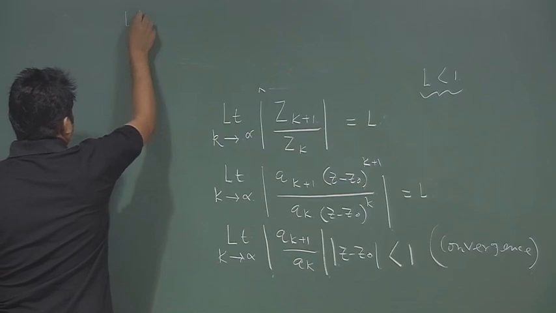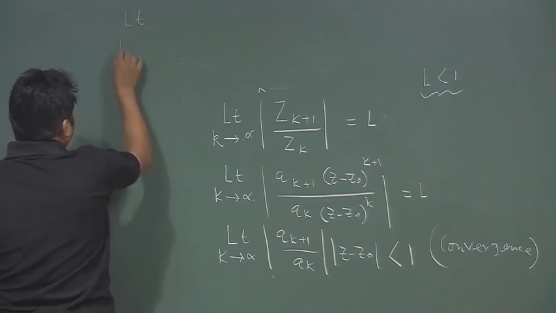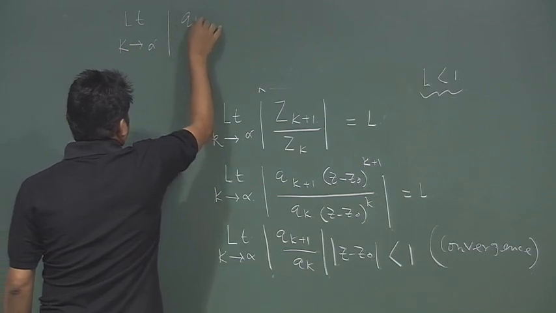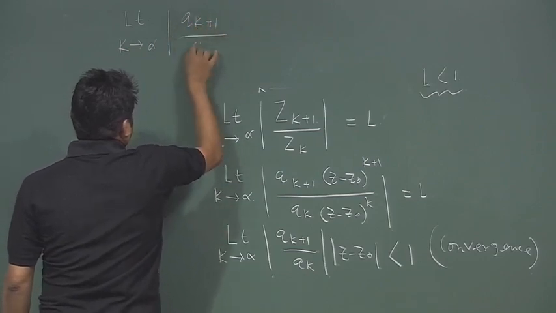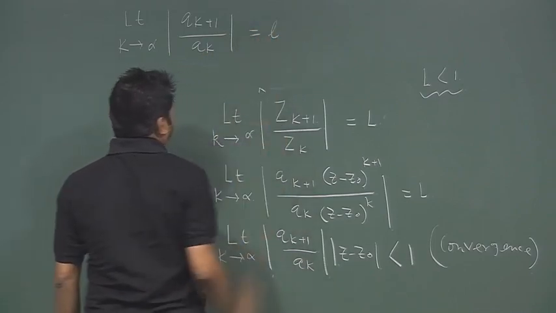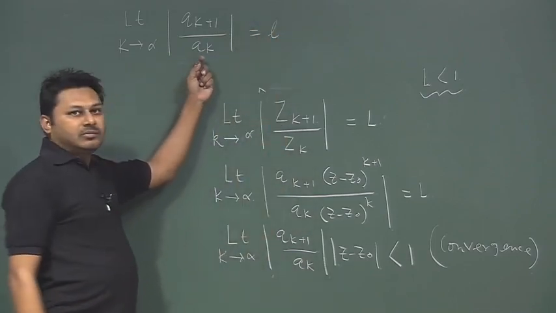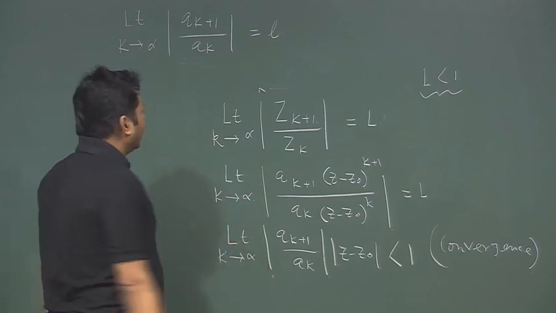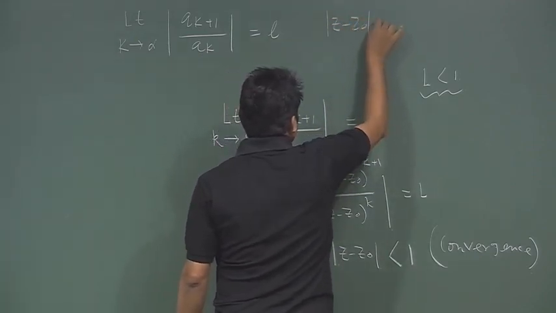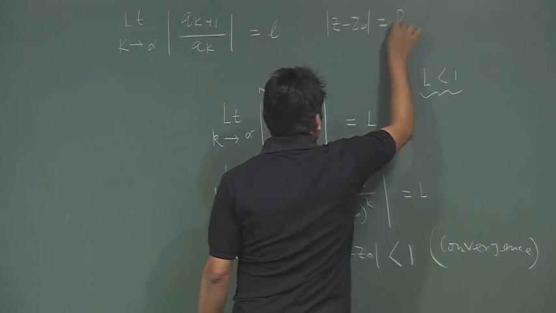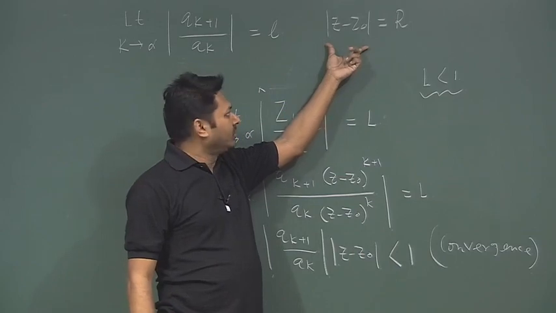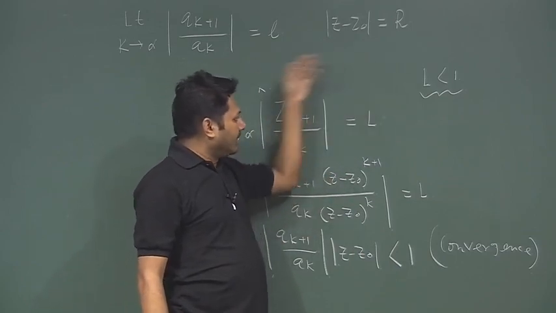So say the limit as k tends to infinity, I calculate this quantity a_{k+1} divided by a_k, and I call this small l. Also |z - z0| is equal to R, since this is the region where I try to find my expansion.